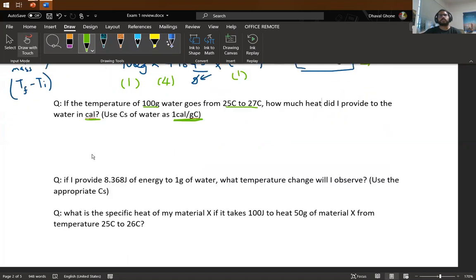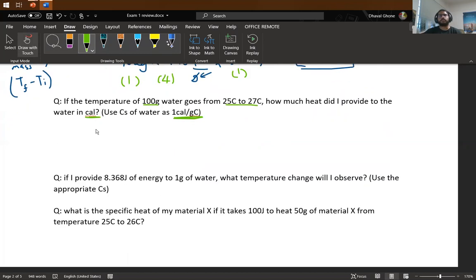So if you have solved the question, I'm going to try solving it on my own now. Q equals MCS delta T. Another way I remember it is Q equals MCAT, like delta is like an A. So MCAT is a way to remember the formula. But I'm going to plug numbers in now. M is 100 grams.